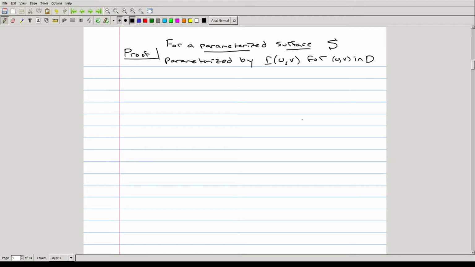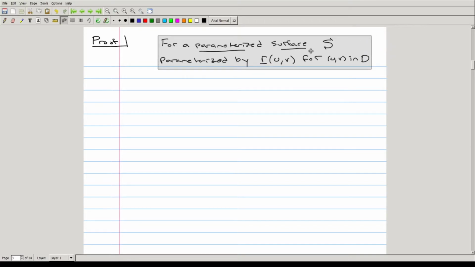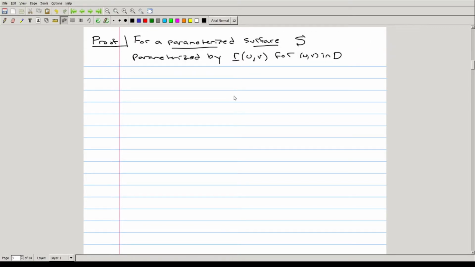We've seen that all the surfaces we'll be interested in have some sort of nice parametric equations that we can write the surface as. So this is the first thing.